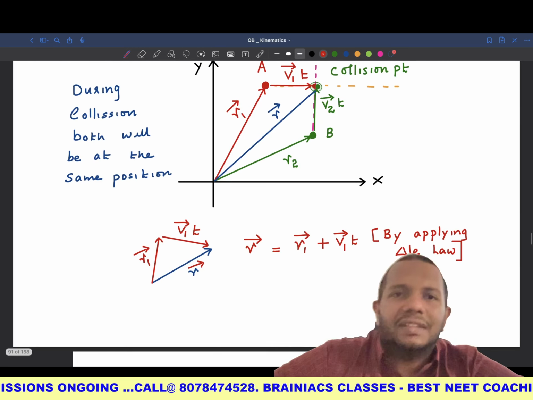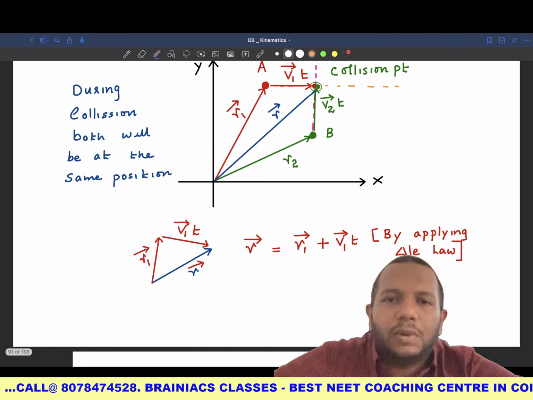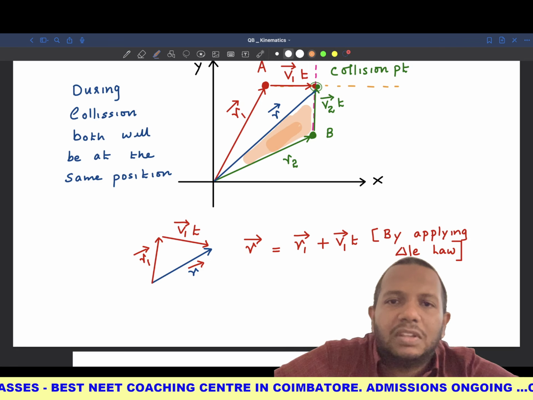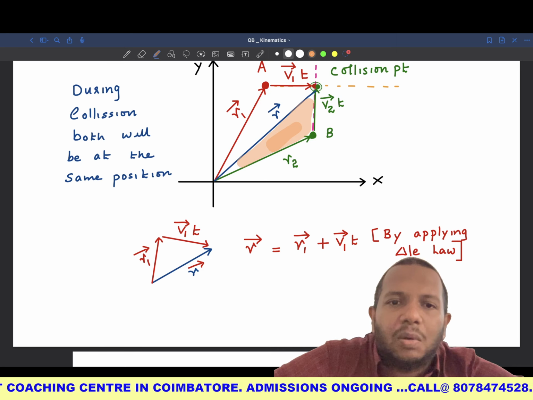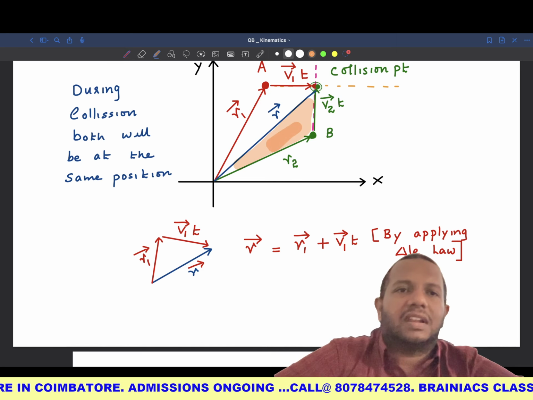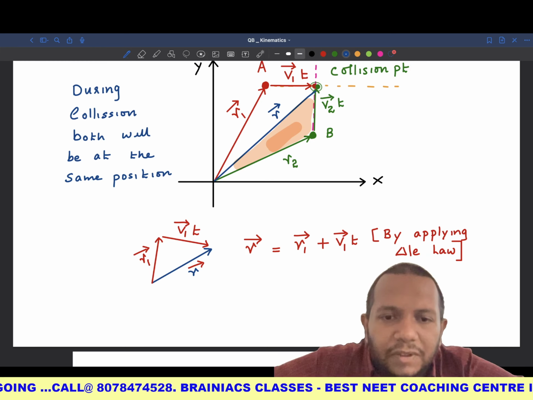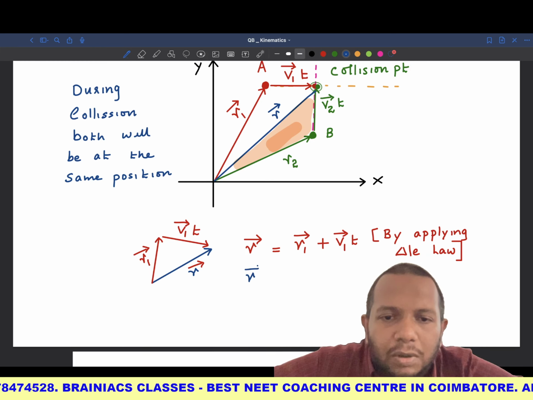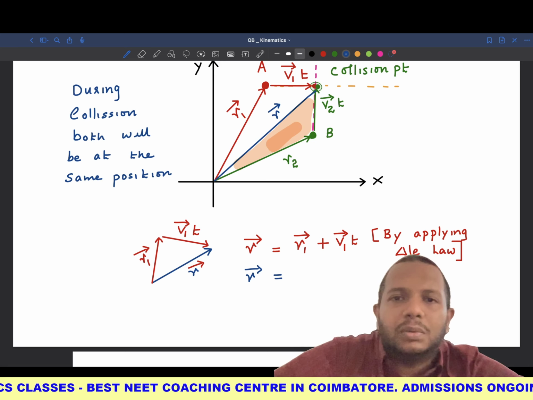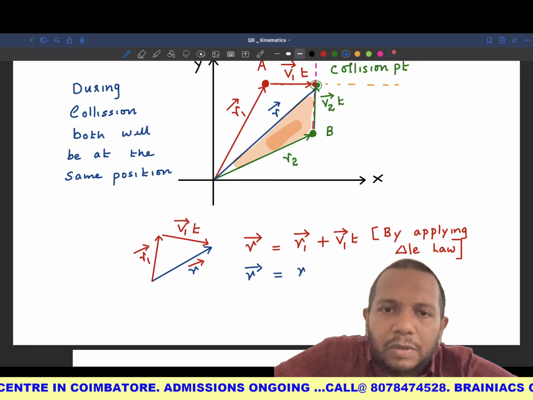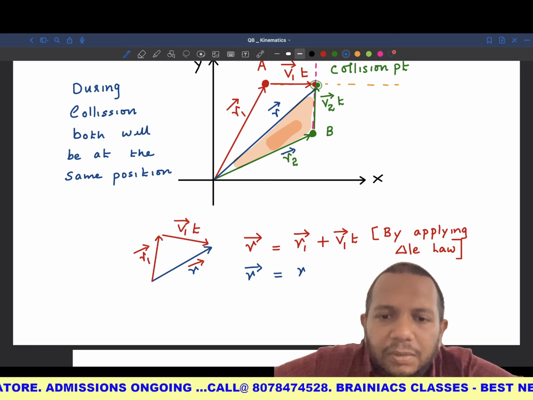Now similarly in the second part, here also you can apply the triangle law. So let's say what you will get, sir, in that case. There also I can write the position vector r is equal to, how much will it come? I can say r2. I have not put vector direction here, I need to write that.